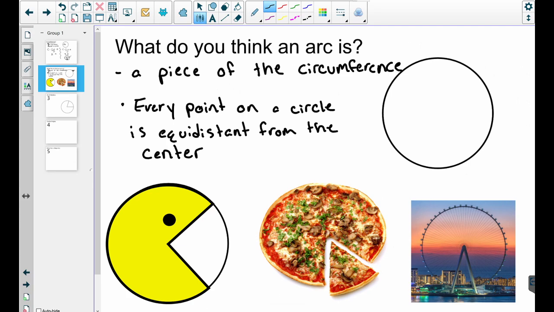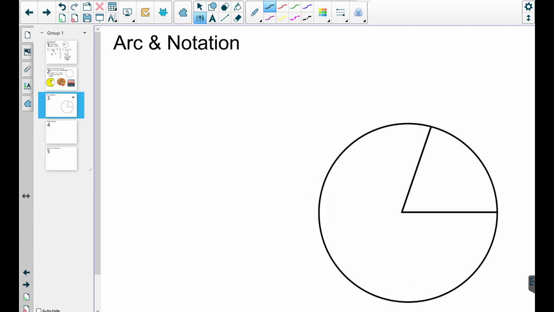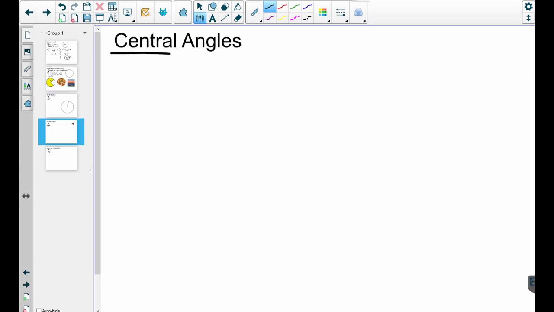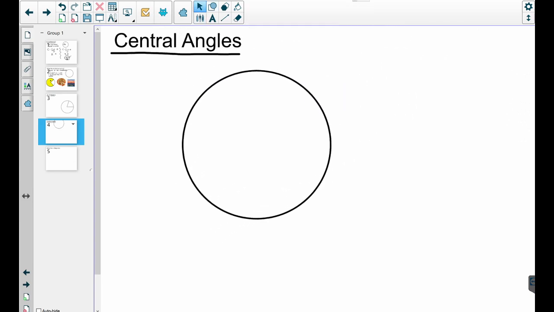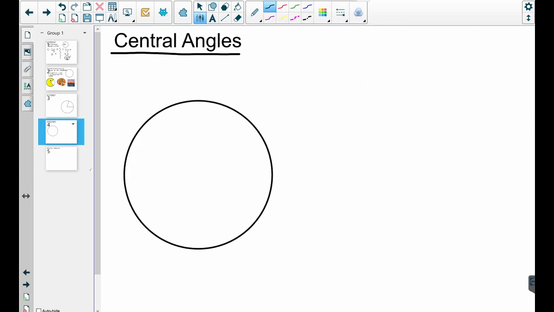Let's break down arcs a little bit further, with more facts about arcs and how you would notate them. Before we do this, let's discuss an integral part of the arc, and that is central angles. So, let's have a circle here. And this angle that creates the arc is what we call a central angle.